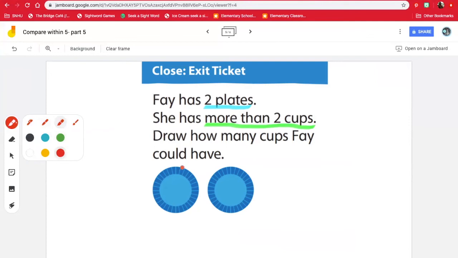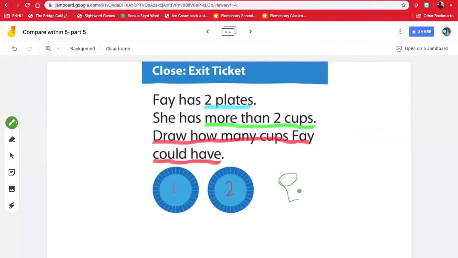So now the question is saying, what we need to do is draw how many cups Faye could have. So I need more than 2. So count with me. Bear with Miss Hewes' drawings.